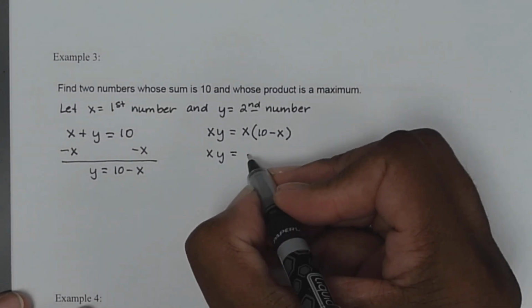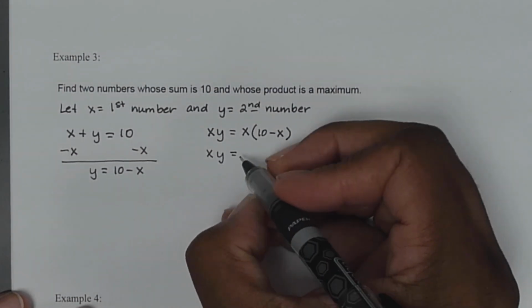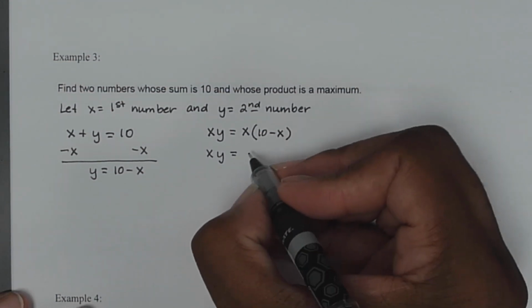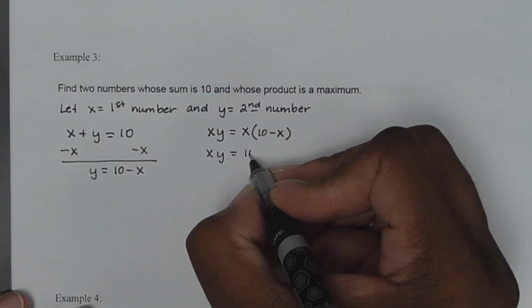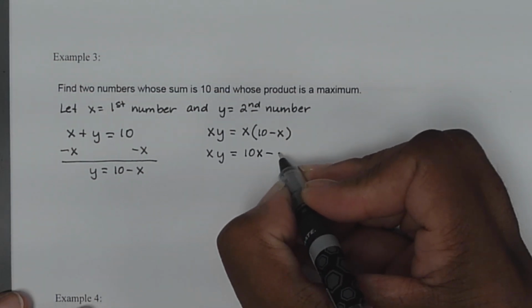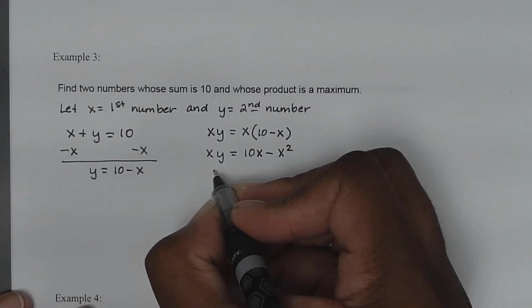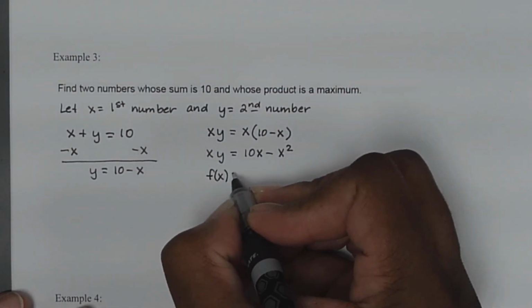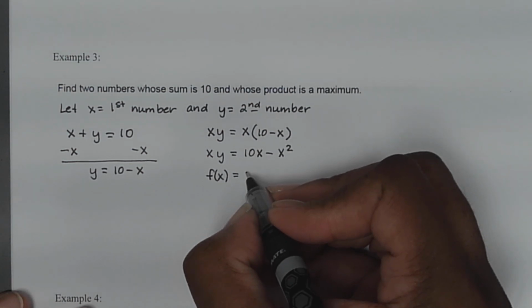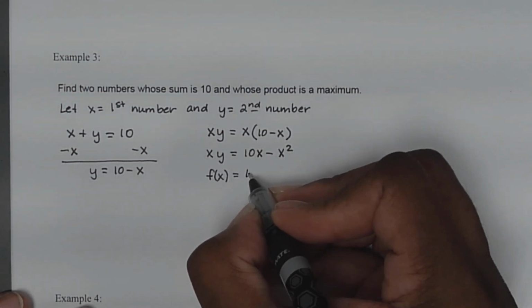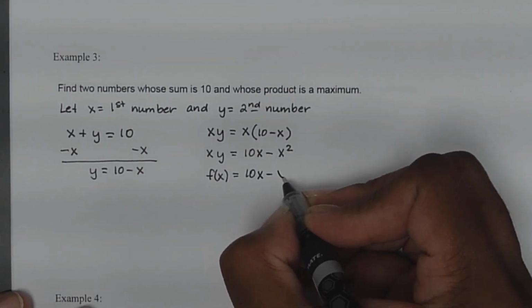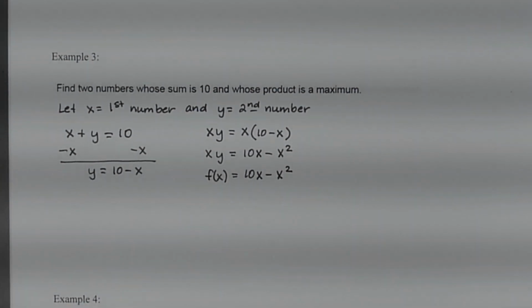So x times y in this case will be, if I distribute the x over the 10 minus x, x times 10, or 10x, minus x times x, which is x squared. So what's on the right is what f of x is going to be: 10x minus x squared. Okay.